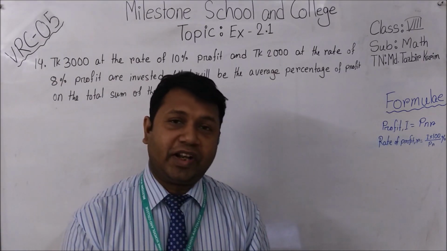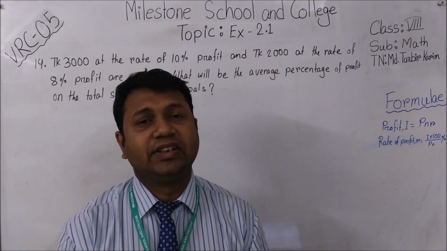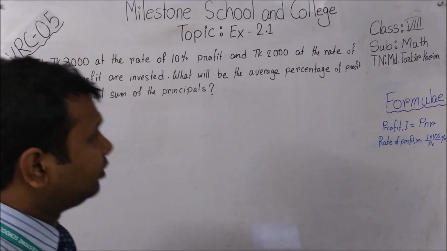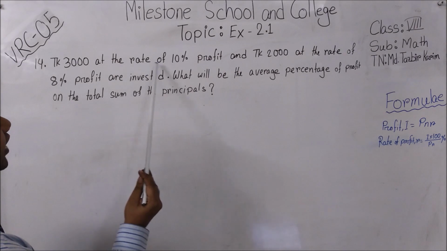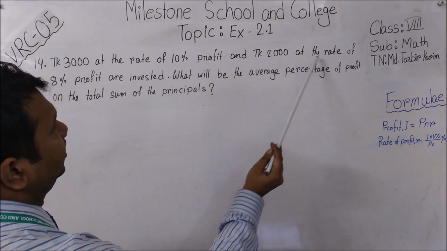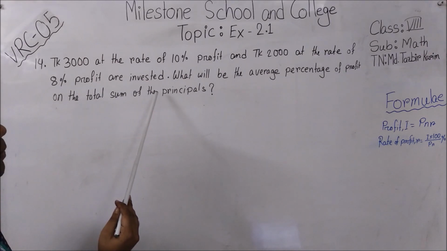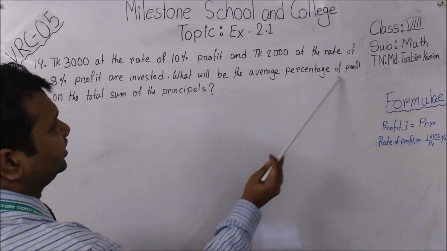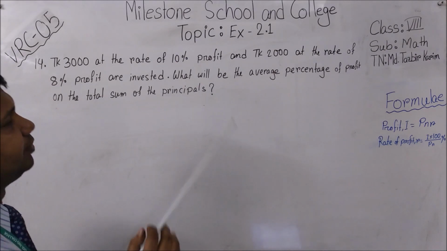Okay, my dear students, here is question number 14 of our today's class. The question is: Taka 3000 at the rate of 10% profit and Taka 2000 at the rate of 8% profit are invested. What will be the average percentage of profit on the total sum of the principals?